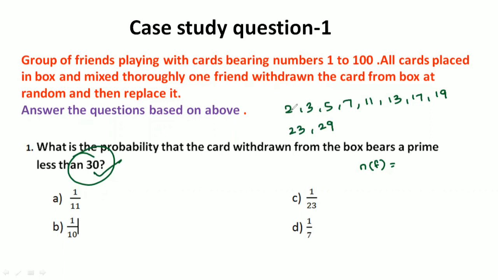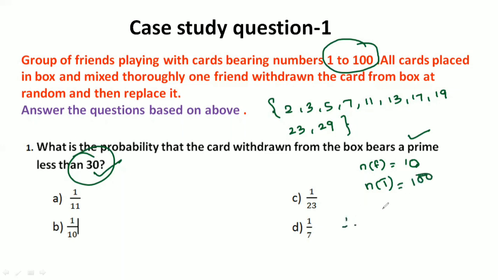If you count them, 1, 2, 3, 4, 5, 6, 7, 8, 9, 10. So the number of favorable outcomes is 10. Now we need the total number of outcomes. There are 100 numbers in total, so we get 100.